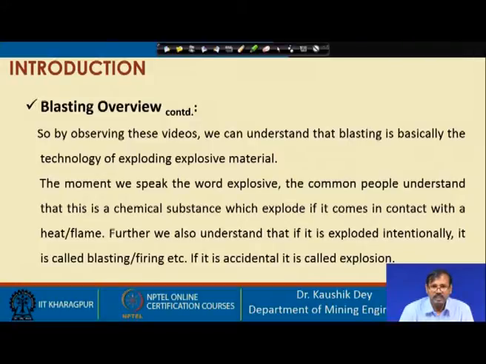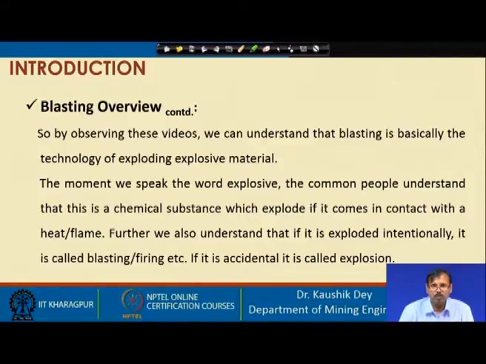This instantaneous release of energy from a small source makes it so dangerous. That is why people are afraid of it, do not like to touch it or come close to it, and the moment some explosive is recovered from some place, the total area is asked to be vacated.